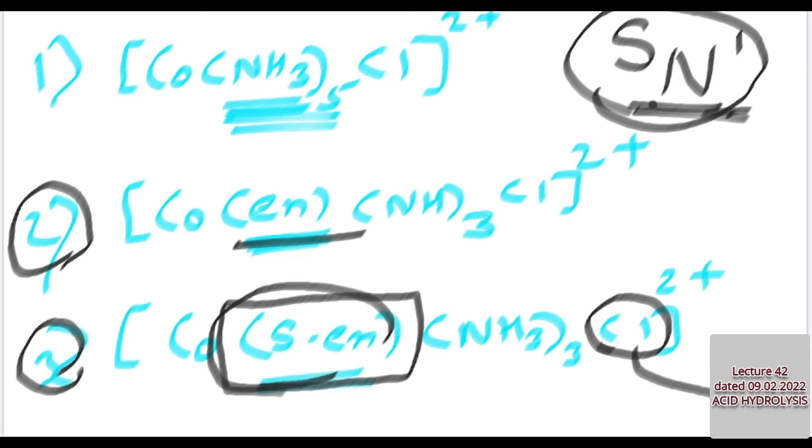Because of the ease of removing the chloride ion, complex number 3, which includes substituted ethylene diamine, will undergo fast reaction. Are you following what I'm saying? Yes, sir. Substituted ethylene diamine occupies more space, causing liberation and easy removal of the chloride ligand, so the dissociative mechanism is favored.